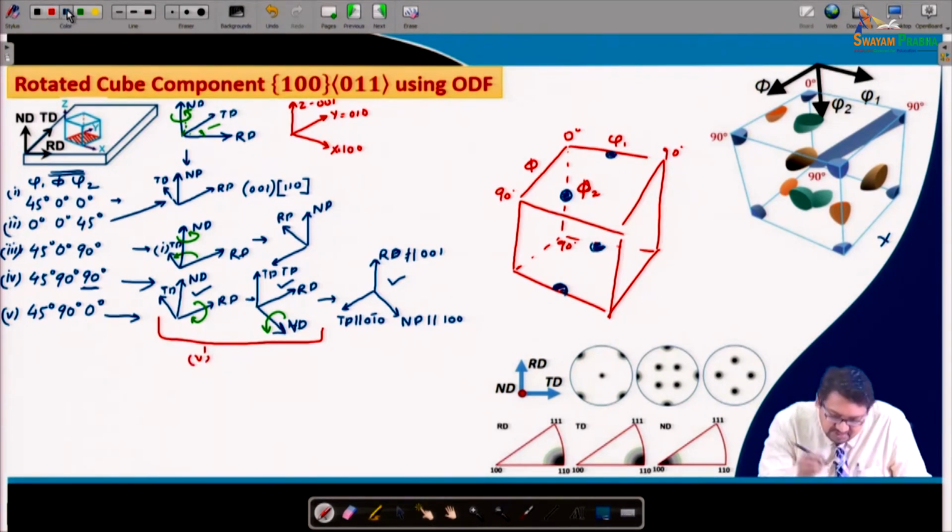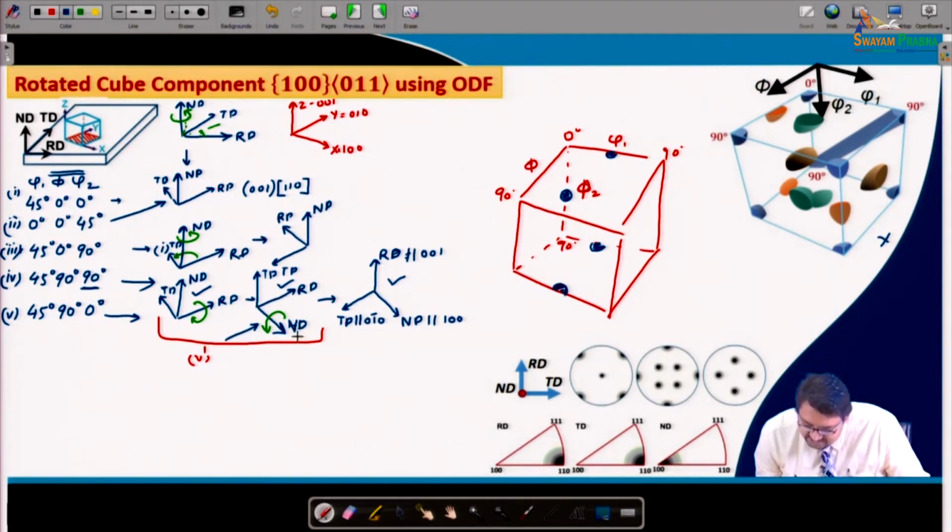You see that in this case, after the phi equal to 90° rotation, the ND is parallel to 100, the RD is parallel to 010, and the TD is parallel to 001. So, this situation also exists at phi 1 equal to 45°, phi equal to 90° and phi 2 equal to 0°, that is this position.